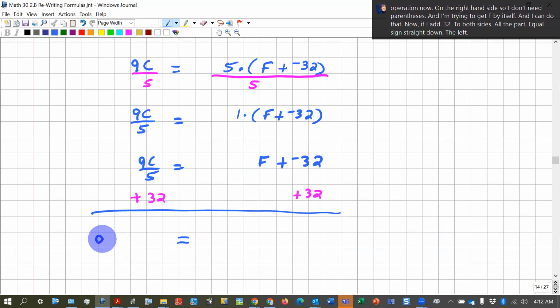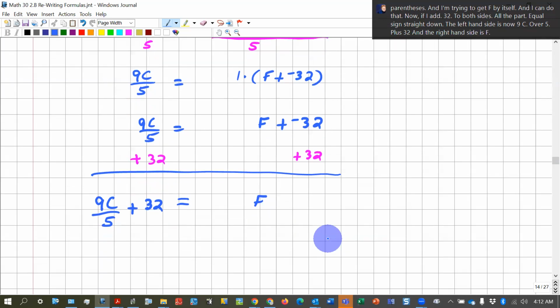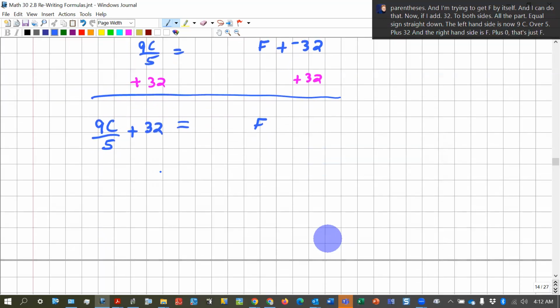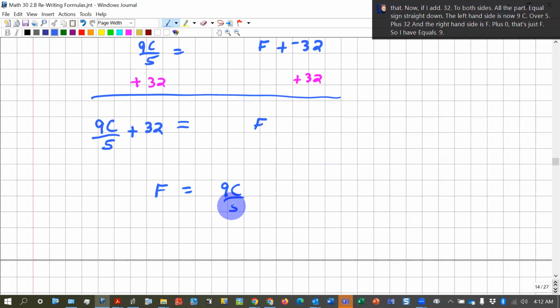The left-hand side is now 9C over 5 plus 32. And the right-hand side is F plus 0, that's just F. So I have F equals 9C over 5, then plus 32.